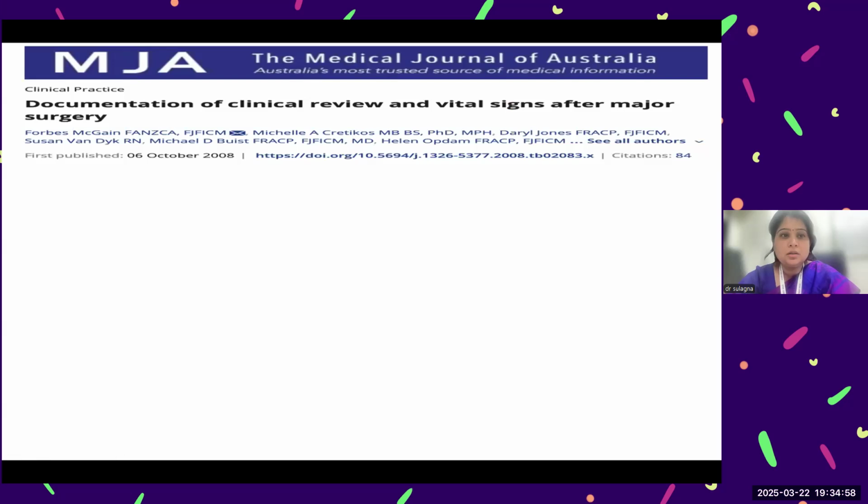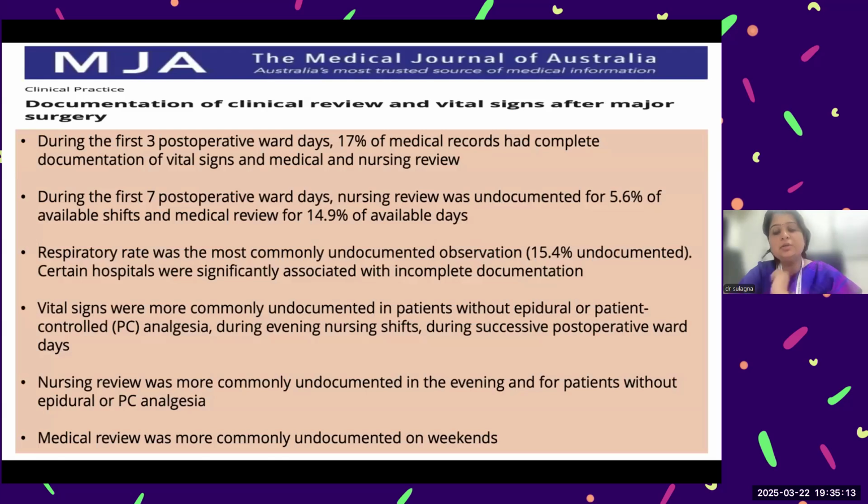In a multi-hospital survey in Australia, the practices of documentation of clinical review and vital signs after major surgery were examined. During the first 3 post-operative ward days, only 17% of the medical records had complete documentation of vital signs and medical and nursing reviews.